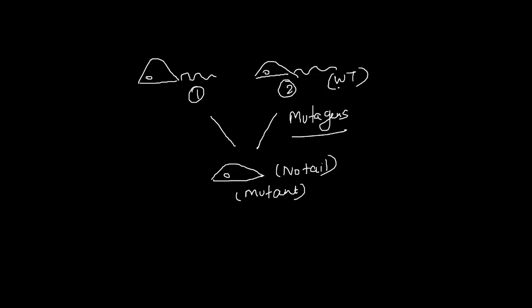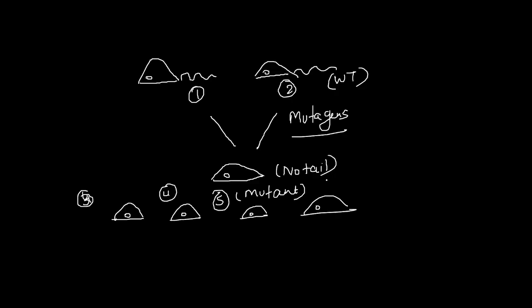So let's say you got 4 mice which are mutant and do not have a tail: mice 3, 4, 5, and 6.